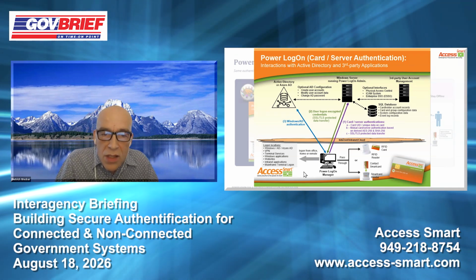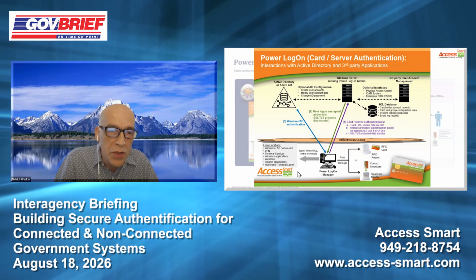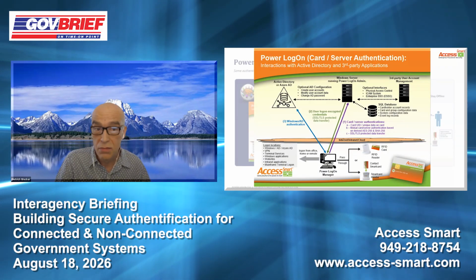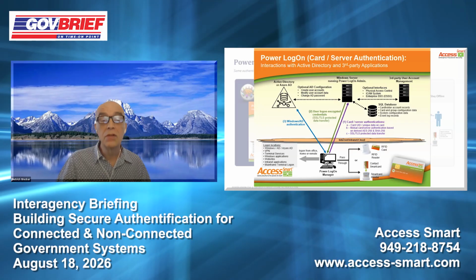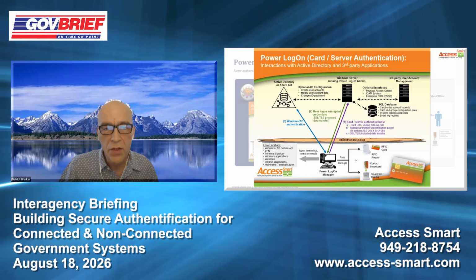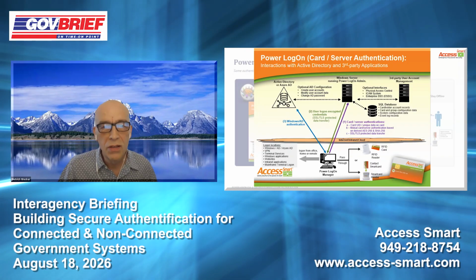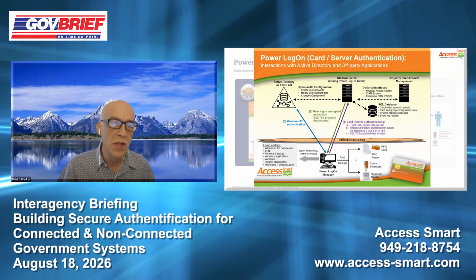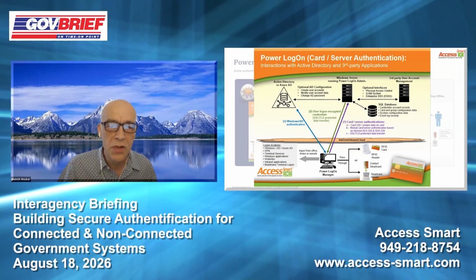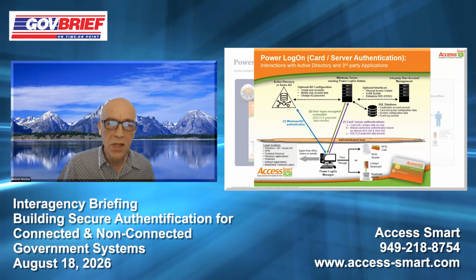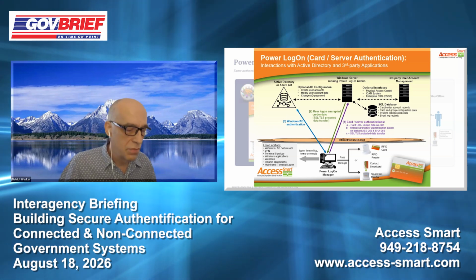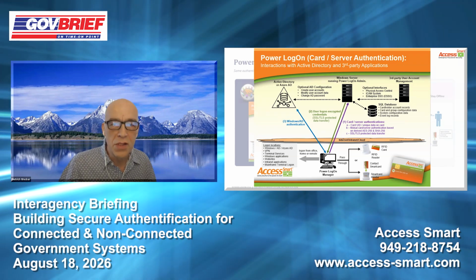That blob contains the logon information, allowing it to log on to whatever target you choose, like Windows, AD, whatever, websites. So that means for you that you can install Power Log On in a matter of minutes or maybe one hour without changing anything in your infrastructure. Your network stays the same, your trust relationships, your AD user accounts, everything stays the same.